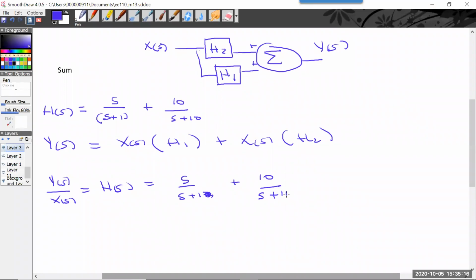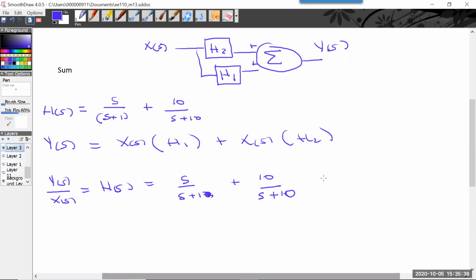Now, while this is mathematically right, it's not really in the transfer function form that we need to use so that we're all speaking a common language.